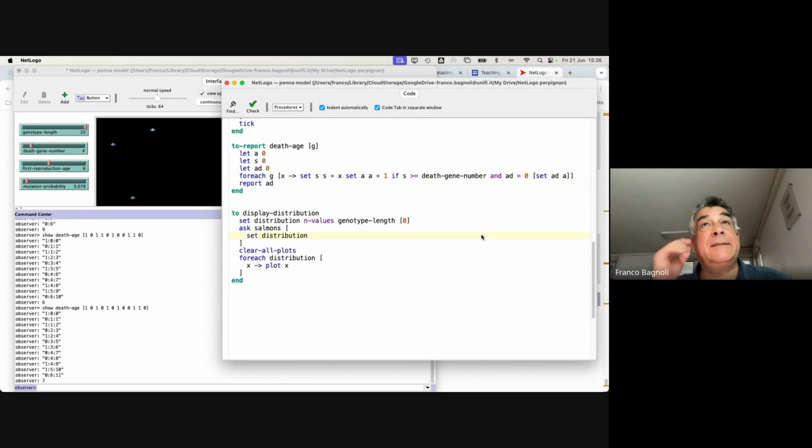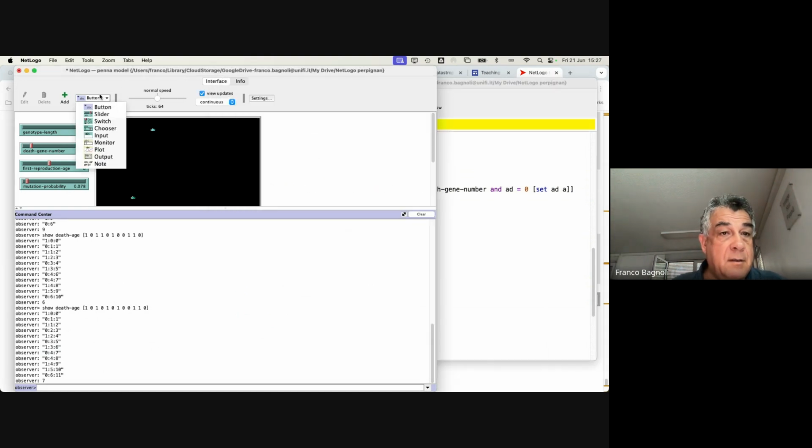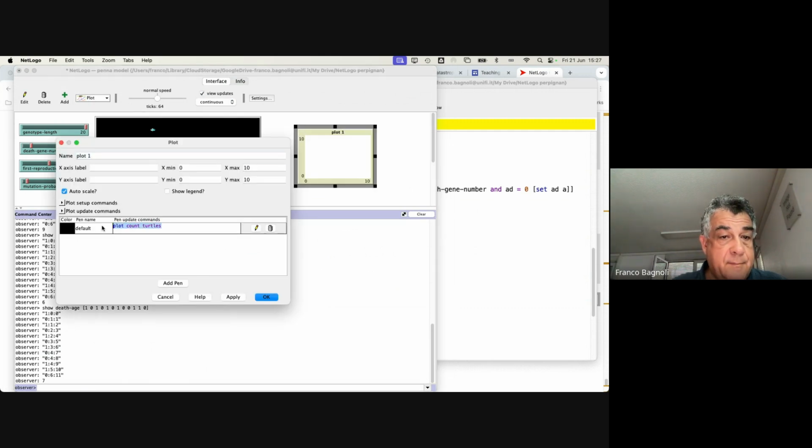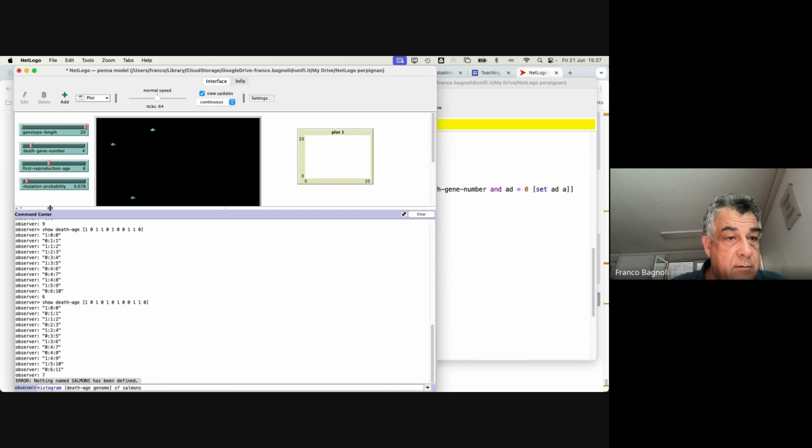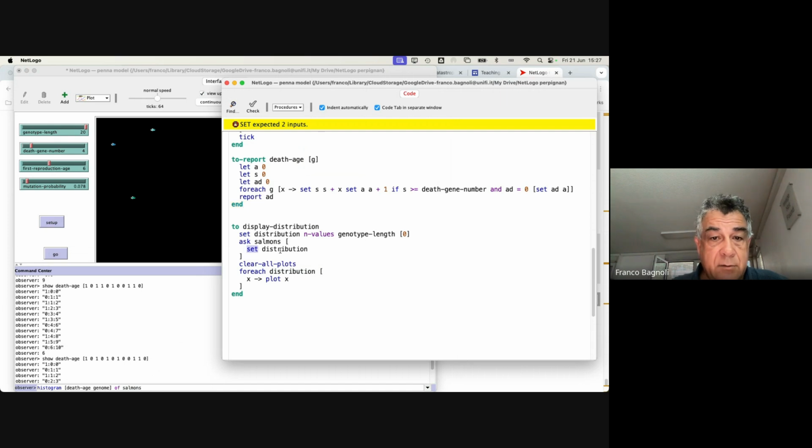We could simply, if I do something like plot, if I write a histogram of death age, genome, of salmons, there is something wrong here.